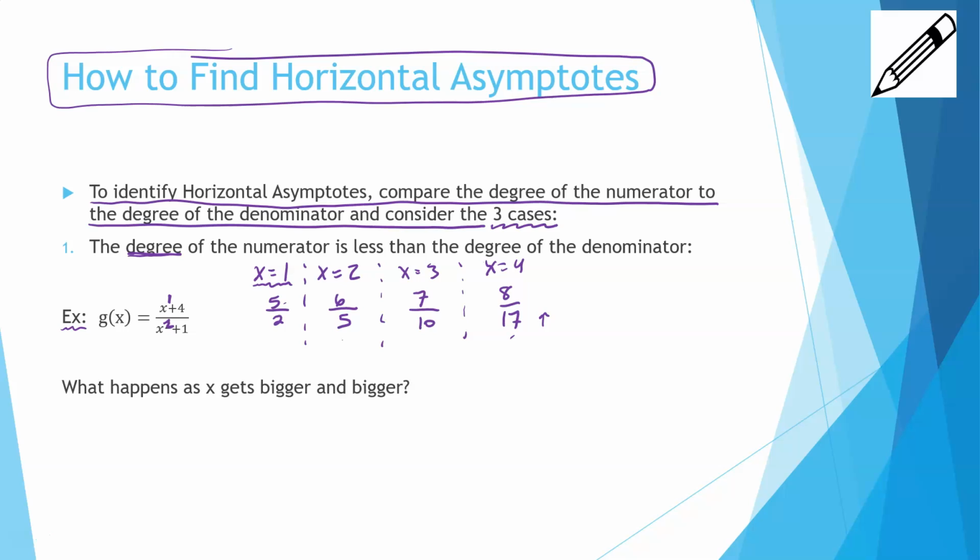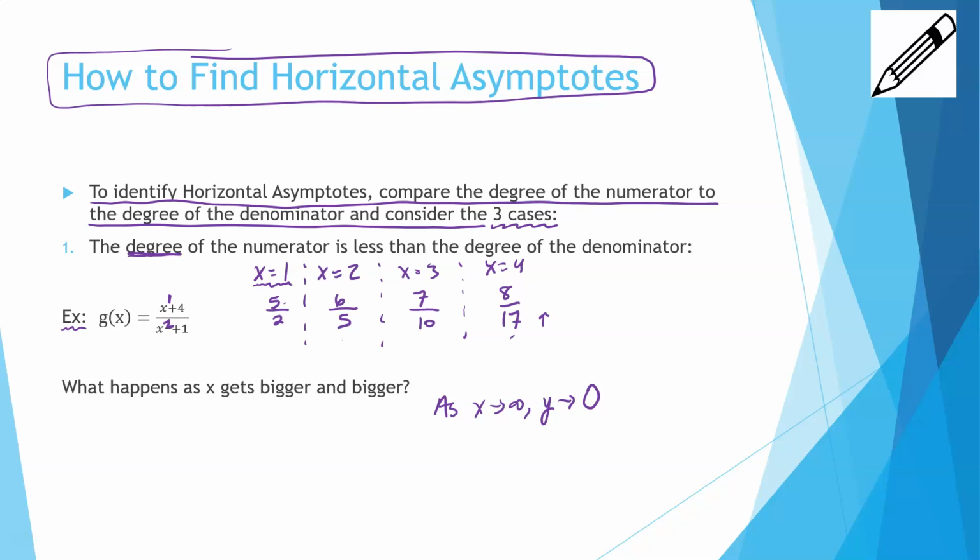What that means is this fraction is actually getting smaller and smaller. It's getting closer and closer to 0. Because it's getting closer and closer to 0, it's never actually going to be 0. But that means that as x approaches infinity in this case, my y is approaching 0.